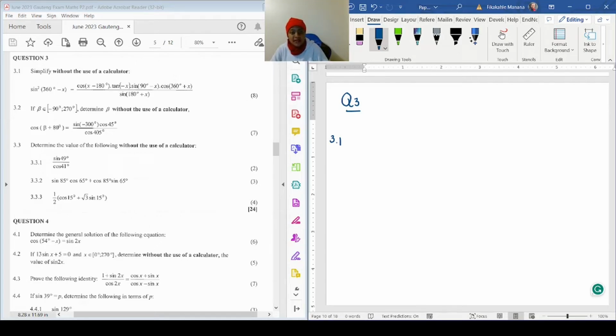So we have sine squared of 360 minus x. I'm going to write it like this: sine of 360 minus x, then I'm going to put the square outside. This is another way of writing it. And if you get confused with it being here, please just take it out so that you can see clearly what's happening.